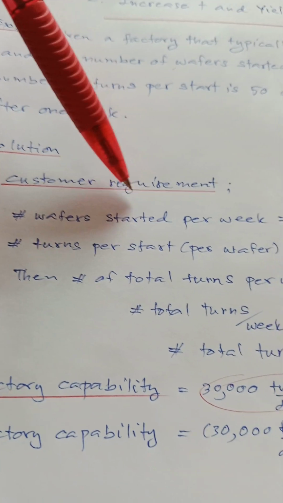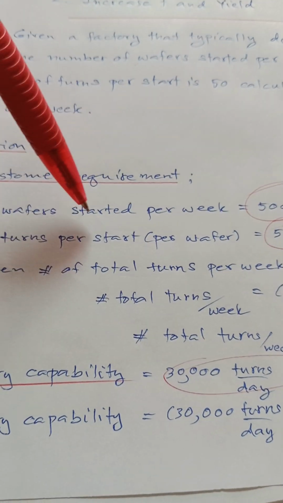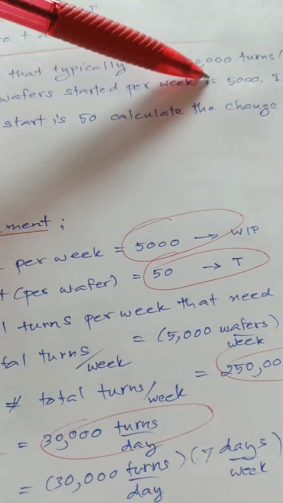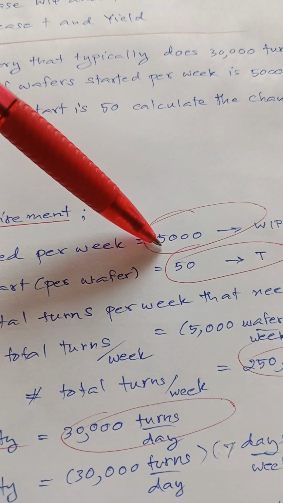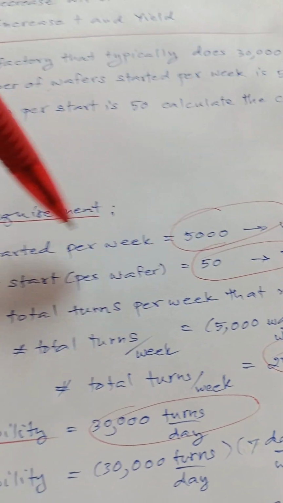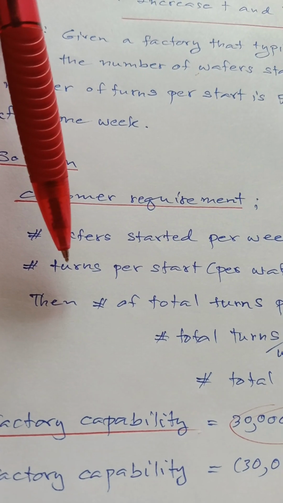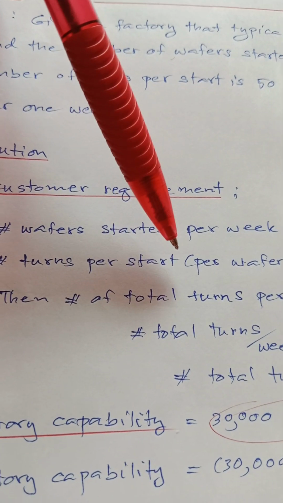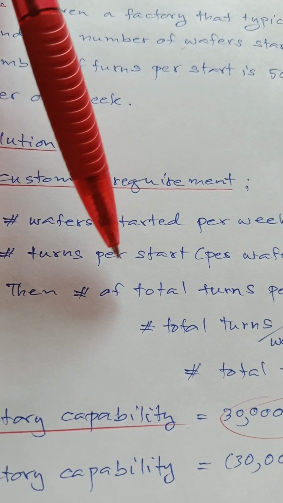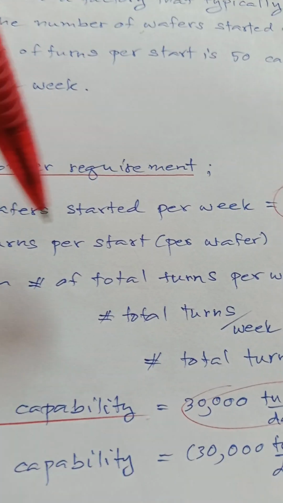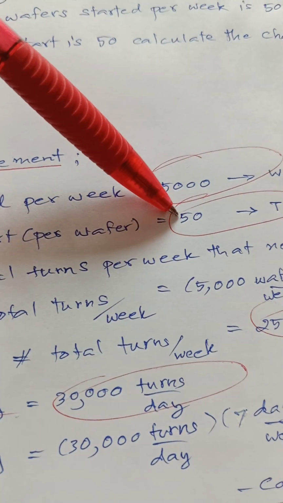For the customer requirement, the number of wafer starts per week is 5,000, right? This is given, so you have 5,000 wafers. And the number of turns per start means for one wafer, how many turns you have to go through. That's turns per start: 50.